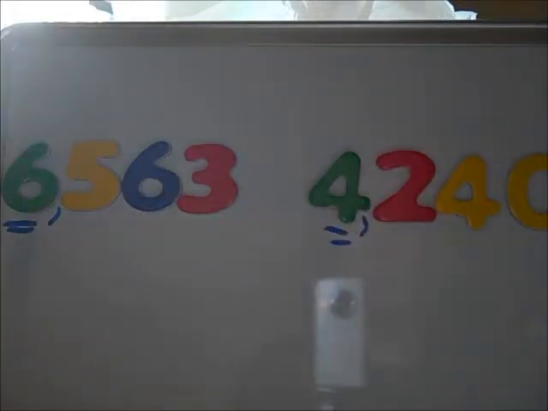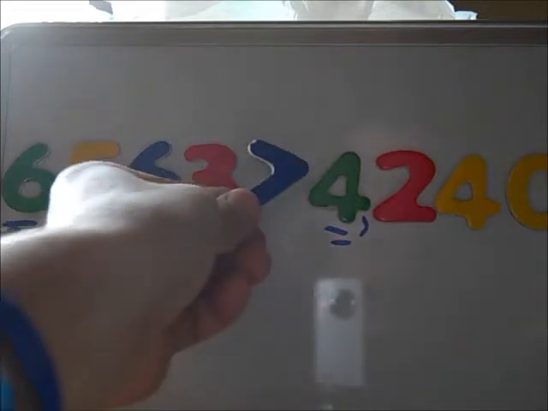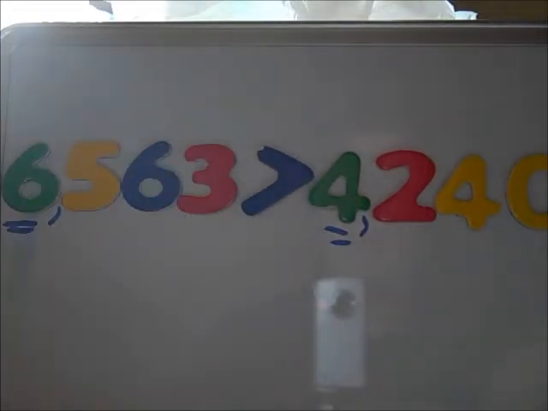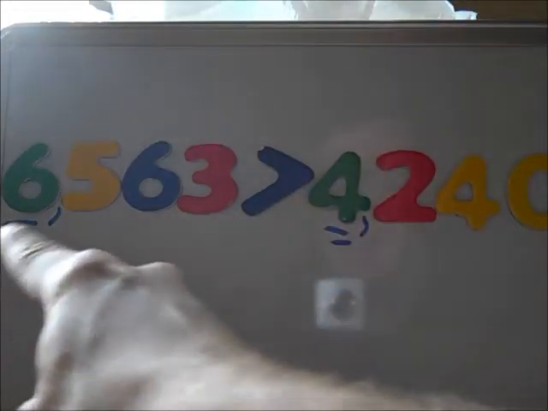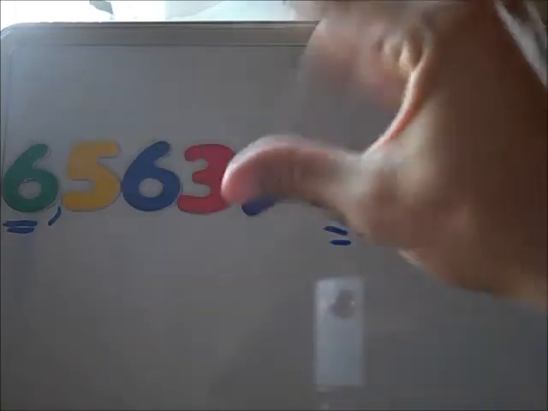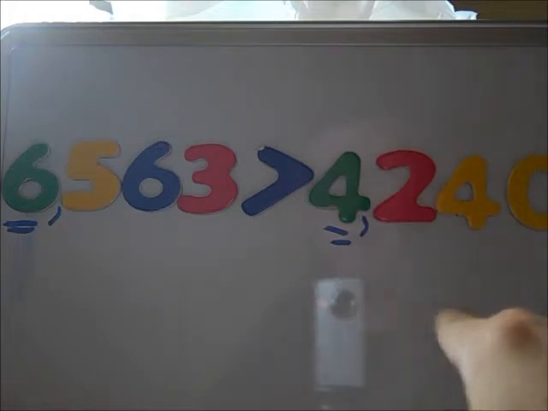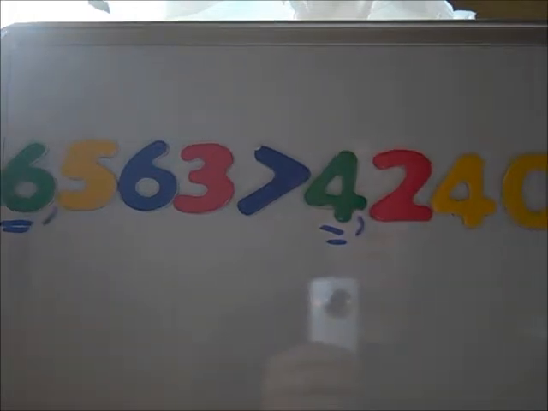So we got to think to ourselves, which number is going to be greater in the thousands place? Is the 6 going to be greater, or the 4? Well, we should know that the 6 is going to be greater. So we're going to put our little sign right there. And what we say is 6,563 is greater than, remember our alligator goes towards the greater number, 4,240.